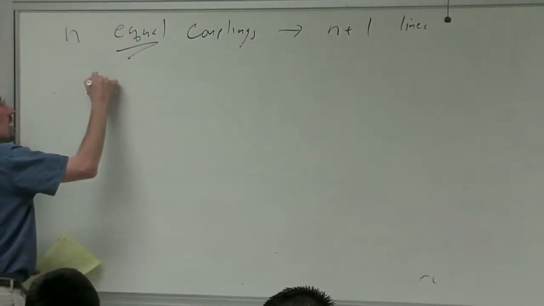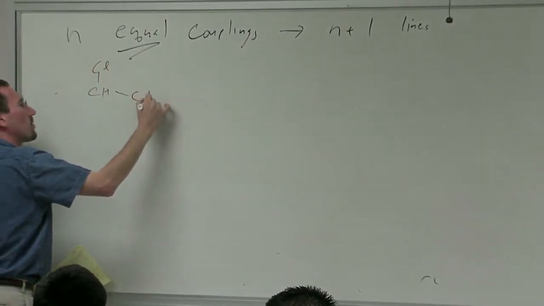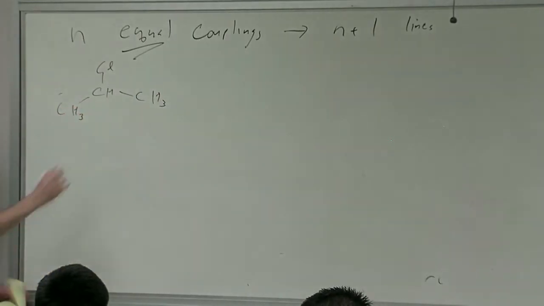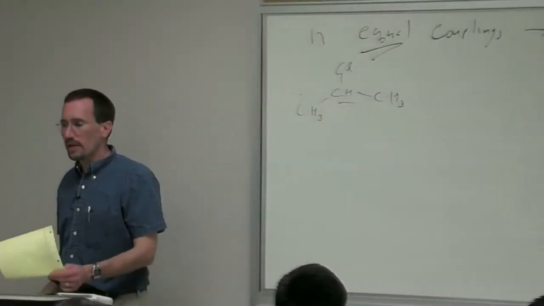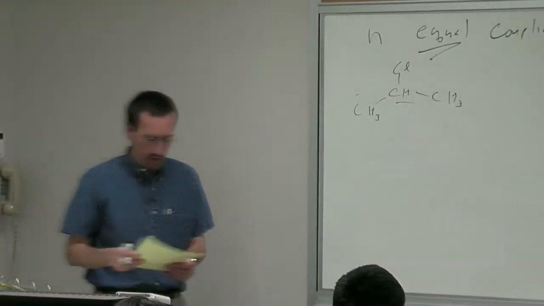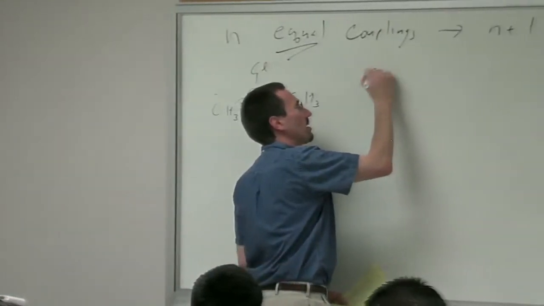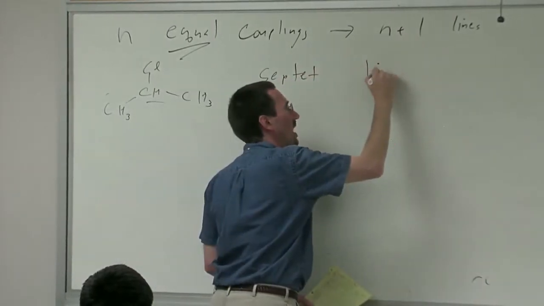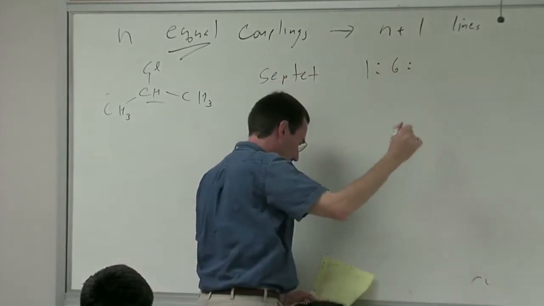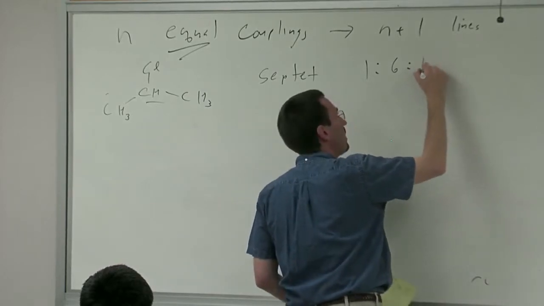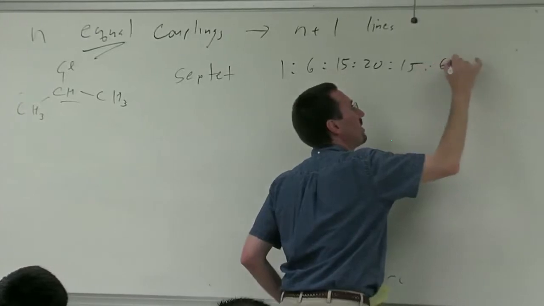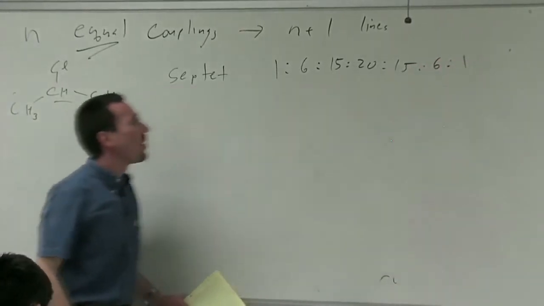You basically add the ones above, or you work out the statistics. So for example, if we go to isopropyl chloride, now the CH here is split equally by 3 methyl groups. So the CH appears as a septet, and the ratio of the lines is 1 to 6 to 15 to 20 to 15 to 6 to 1.